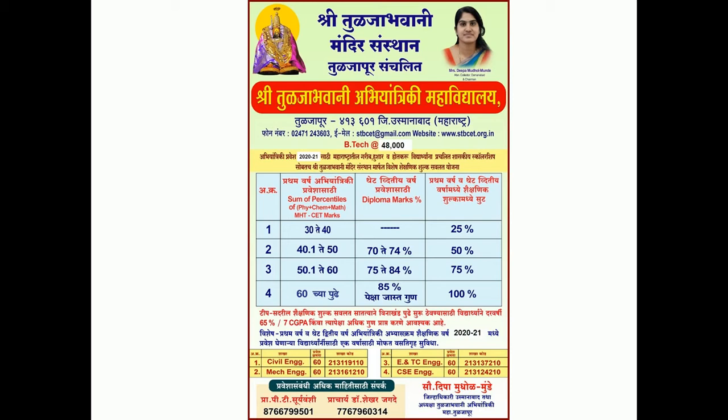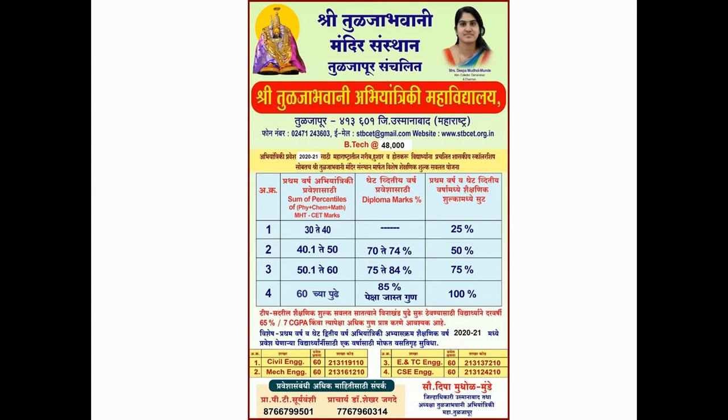based on your MSTCET scorecard. If your MSTCET percentile is above 60, you get 100% concession on your tuition fees. If your marks are between 50 and 60, you get 75% concession. If between 40 and 50, you get 50%, and if between 30 and 40, you get 25% fee concession.